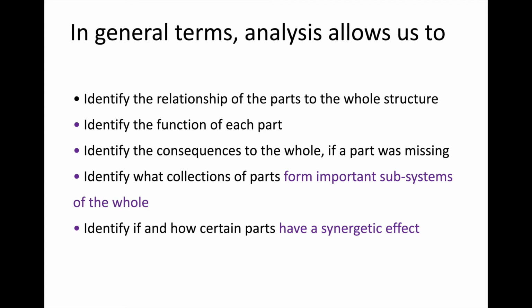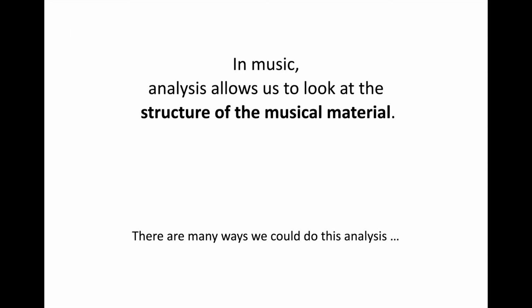Or we could look at how we can collect different parts together to form subsystems. Or we can look at how 2 or more parts may work together to have some sort of synergistic effect.